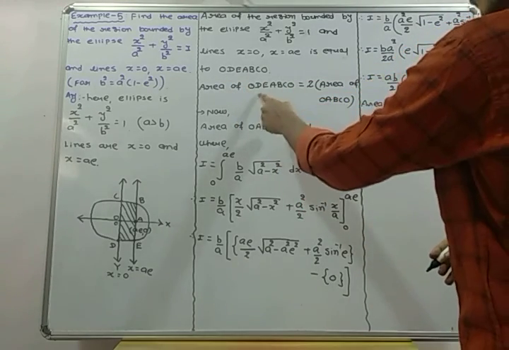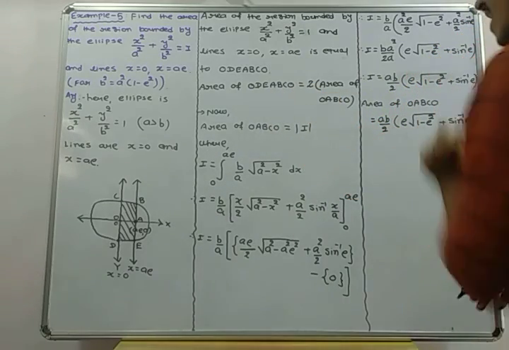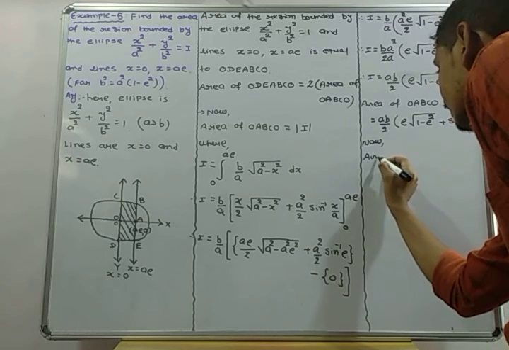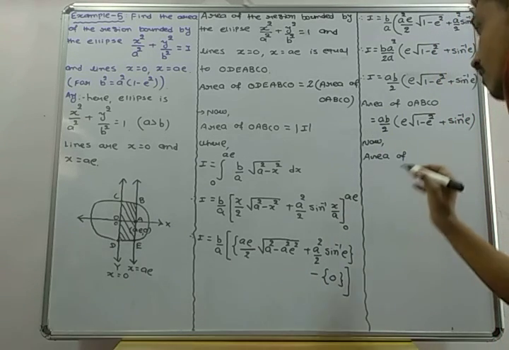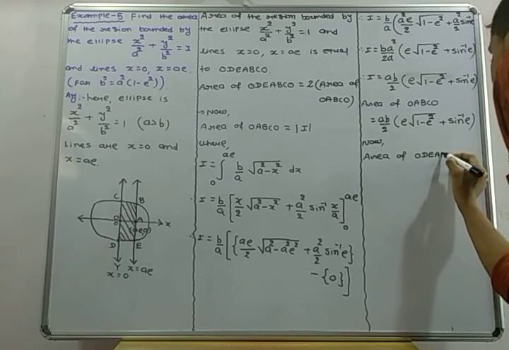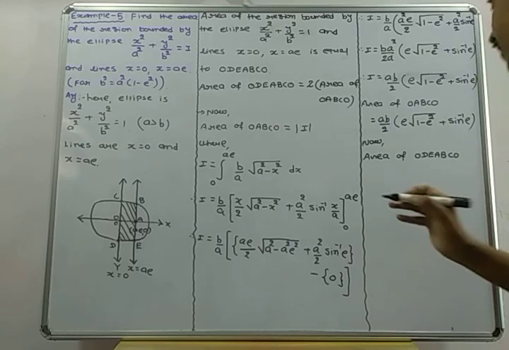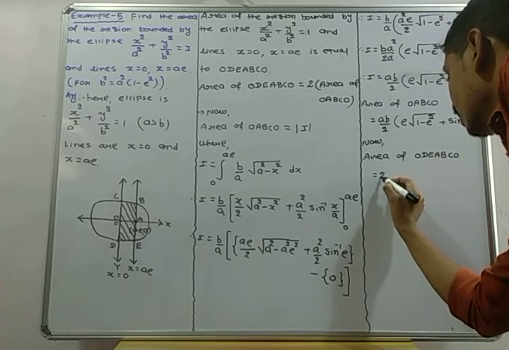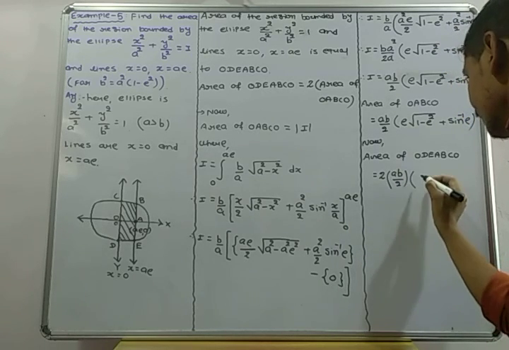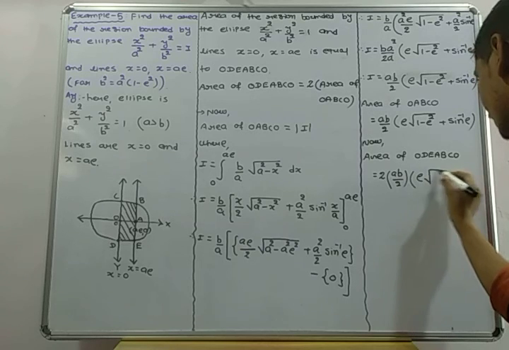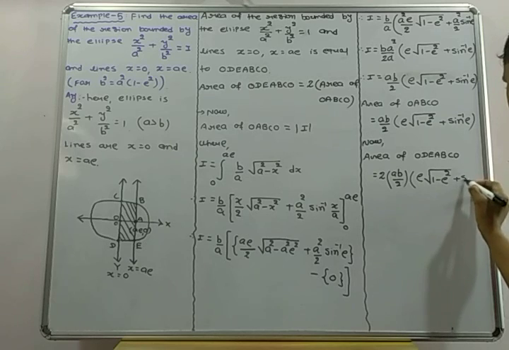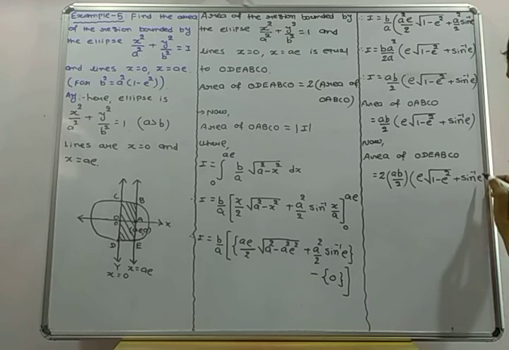But area of ODEABCO equal to 2 into this area. Okay. Now area of ODEABCO is equal to 2 into AB by 2 e under root 1 minus e square plus sine inverse e.